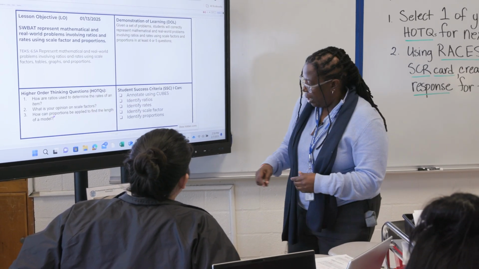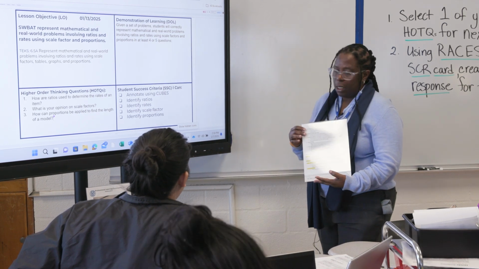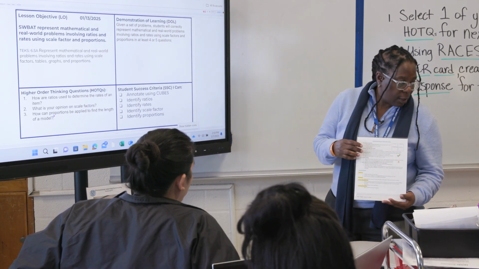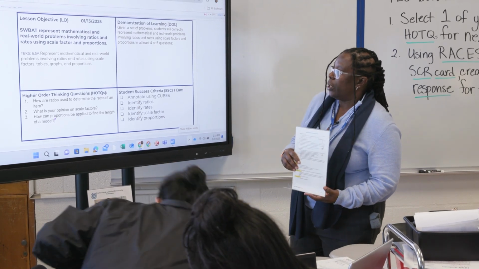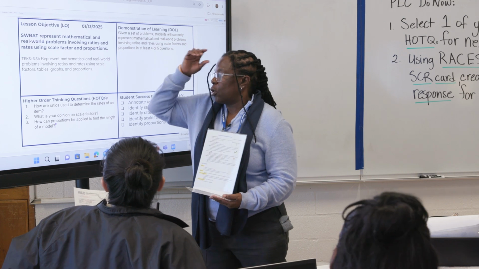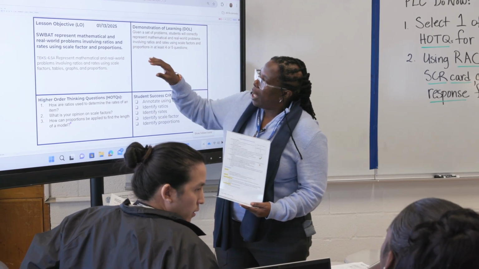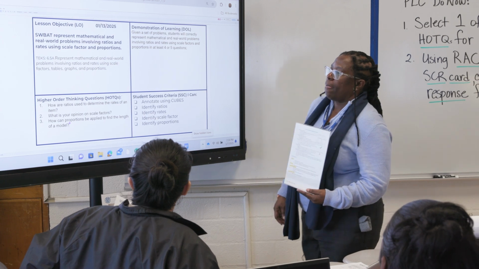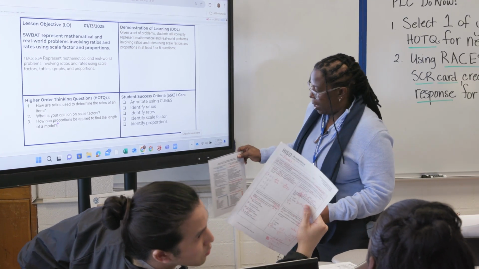What we're going to key in based off our DOL and annotation for the learning objective. So make sure that we are circling the verb. We're going to circle the verbs in the LO and the DOL, and we're going to underline the key academic term also. So we need to make sure that we're doing that.